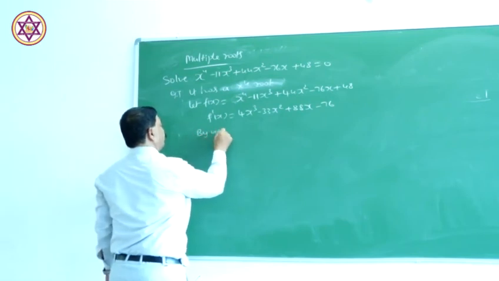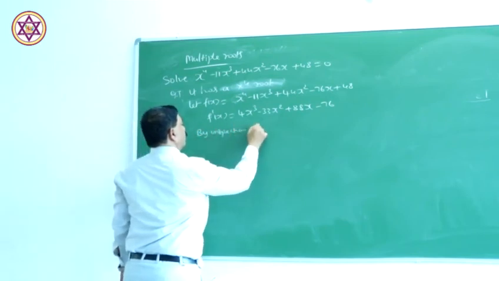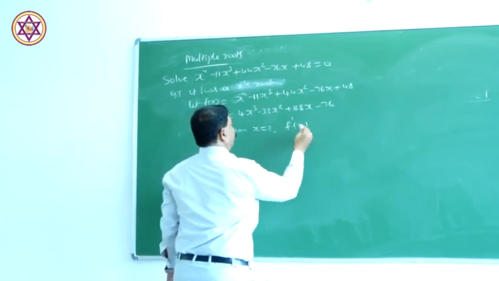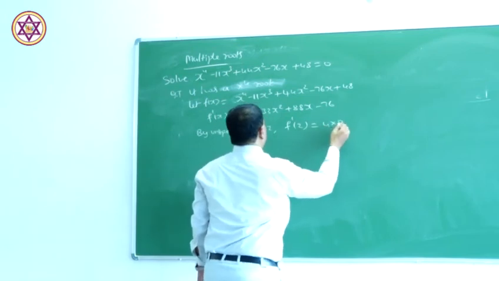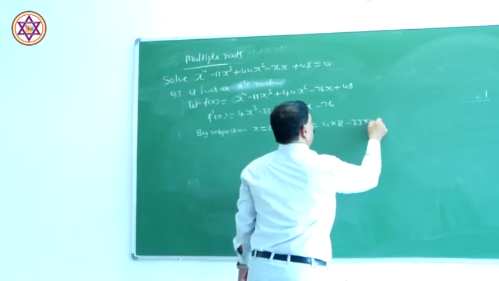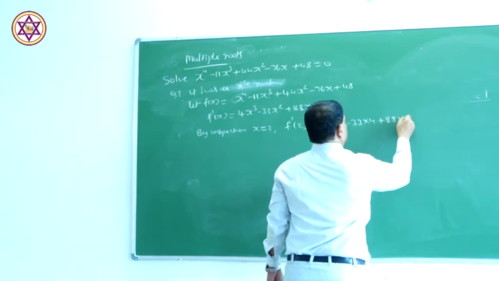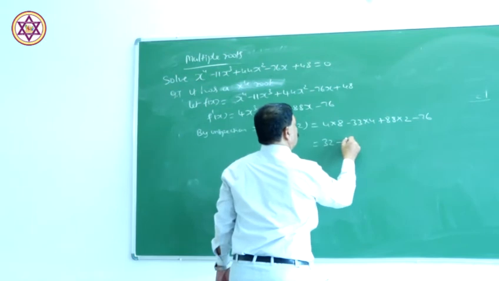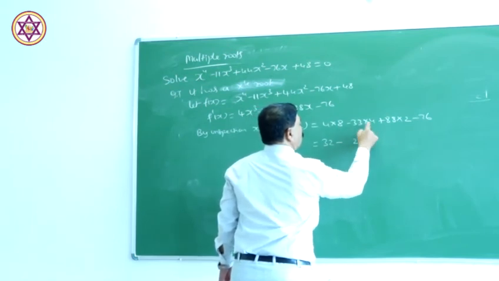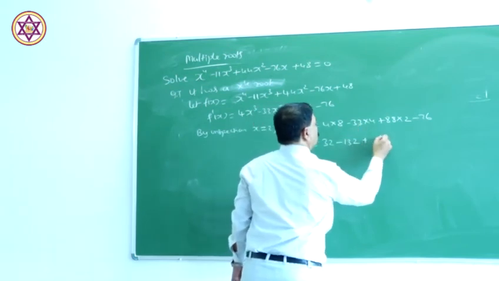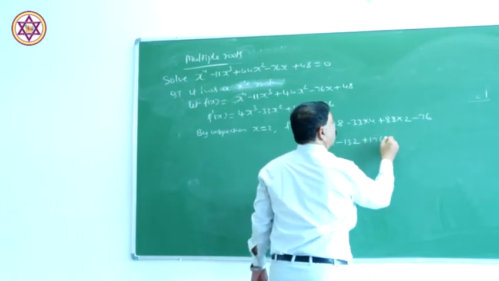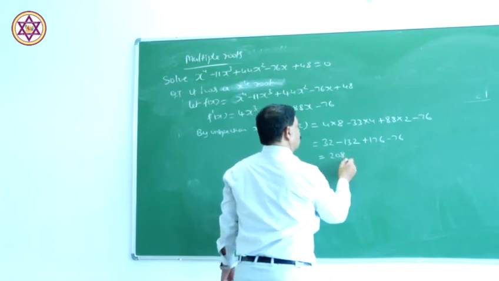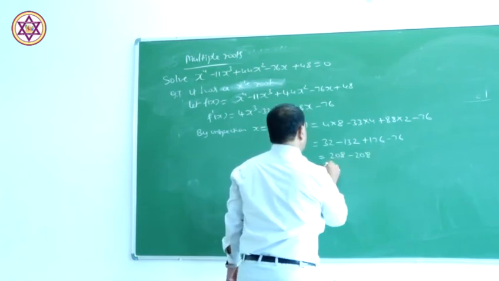By inspection, x = 2: 4 into 8, 33 into 4, 88 into 2, 76. So, 32, 132, 176, and we get 208 - 208, 0.